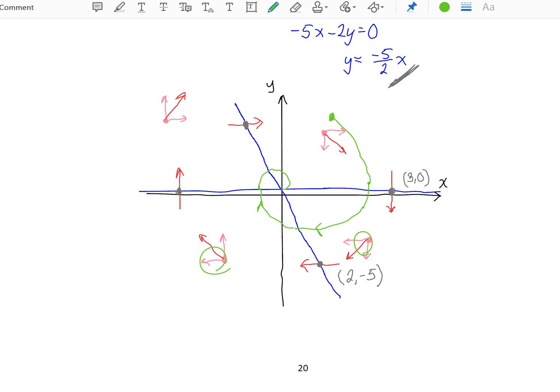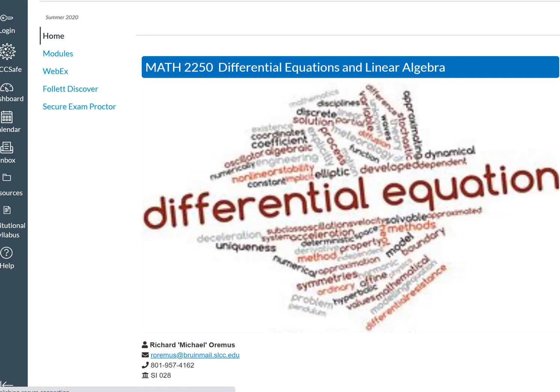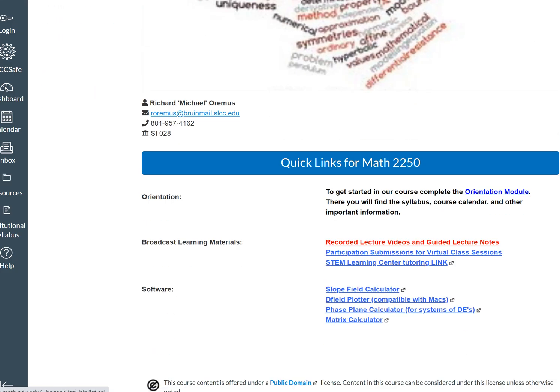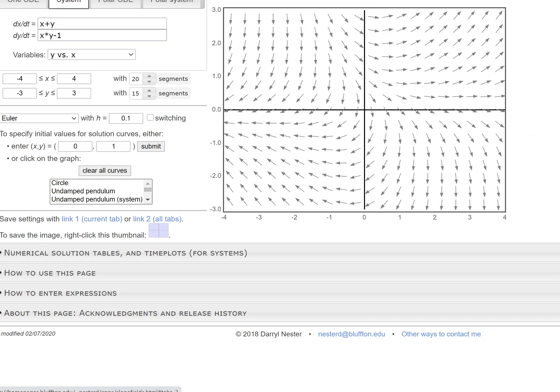Okay. Let's add to this example now by looking at what a phase plotter would look like. So if you could, let's go to our Canvas course and grab our phase plane calculator for systems of DEs. And let's enter in a system.